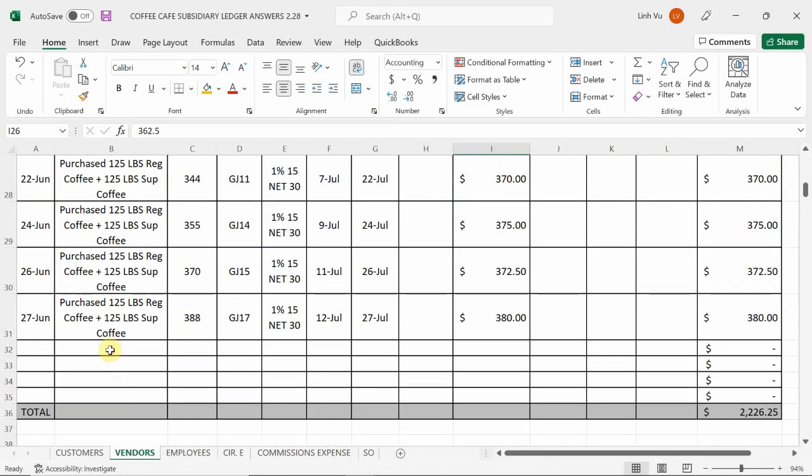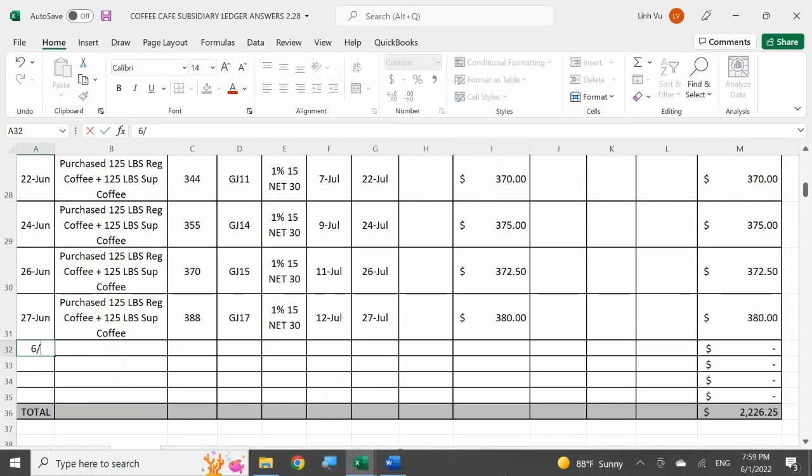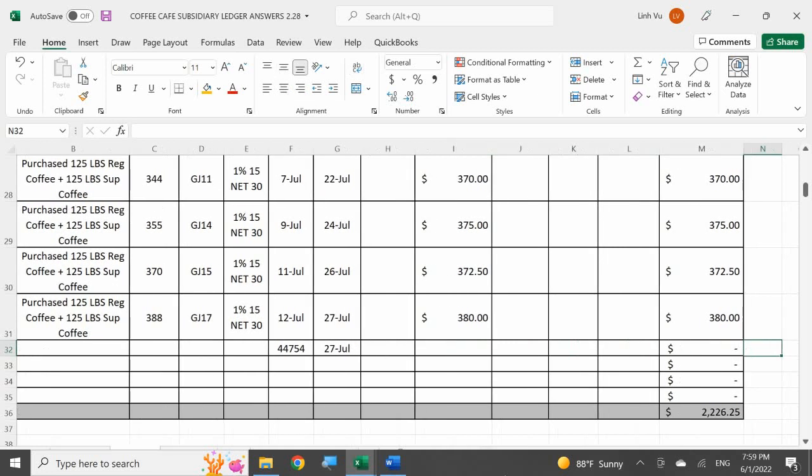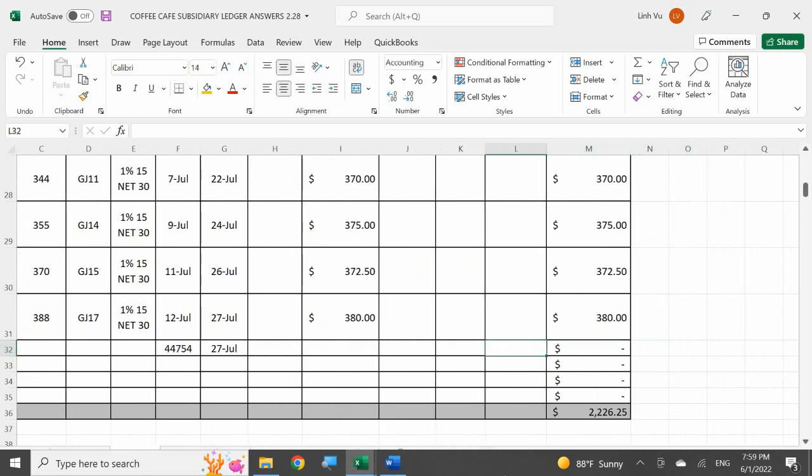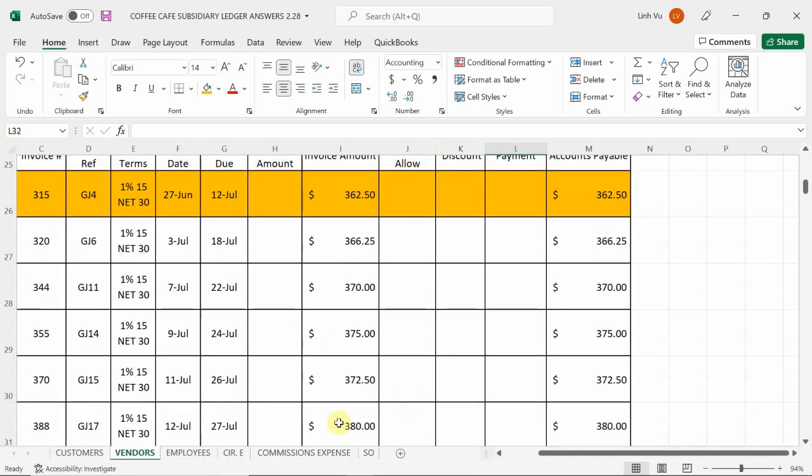So therefore, let's go ahead and record my payment. I owe $362.50, and I take a discount for $3.63, then how much do I need to make a payment for to equal up this amount?